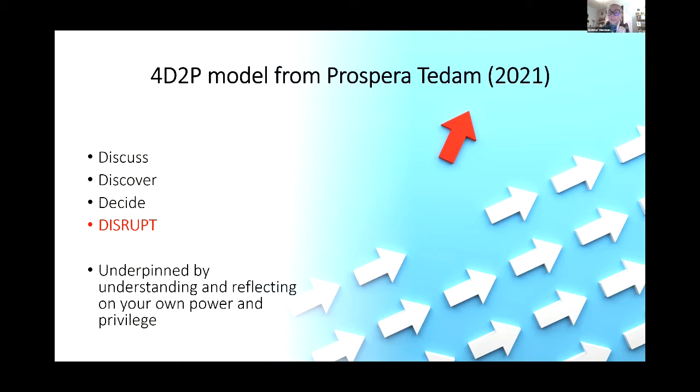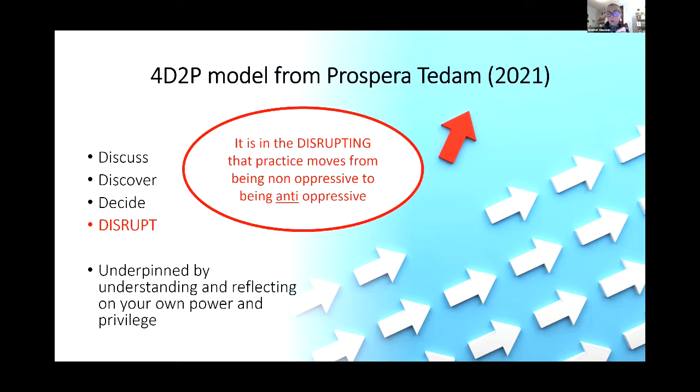But then the key is we have to disrupt that, the challenging. The fourth D is what are you doing to disrupt it? And what I think is brilliant, absolutely brilliant about this model is it's so helpful at getting us to think about the difference between being non-oppressive and being anti-oppressive.